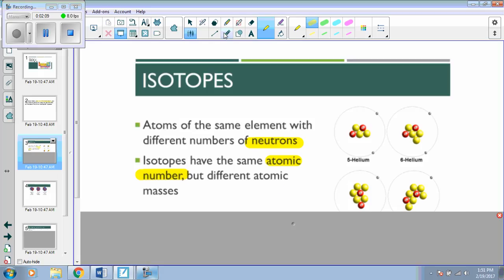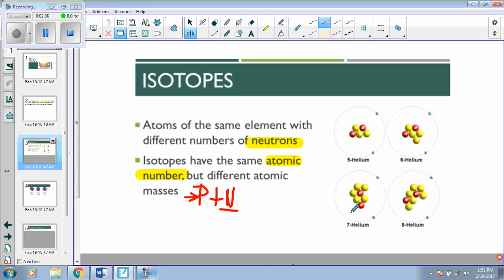Because remember, you take your protons plus your neutrons in order to get the atomic mass. So if I know that this number right here is always going to stay the same, this is the only number that can vary.